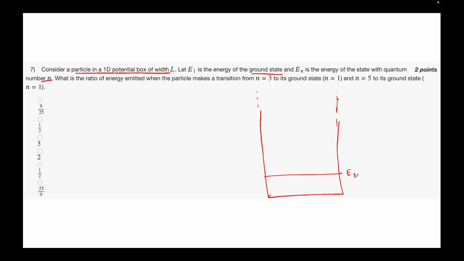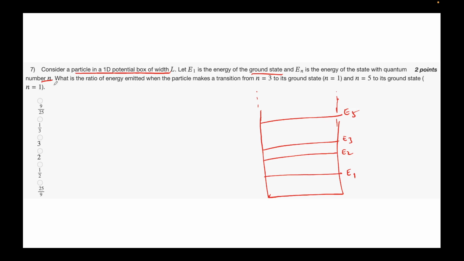Let's call this E1. This is E2. This is E3. And somewhere here will be E5. So the particle can move between these states provided someone provides it energy. As someone was saying, a photon can provide energy, anything can provide energy, or heat.